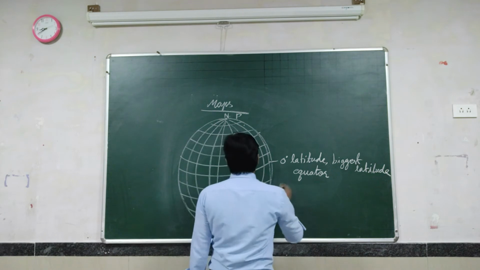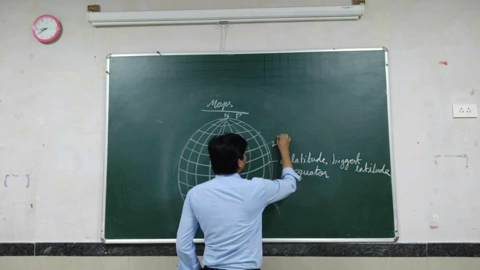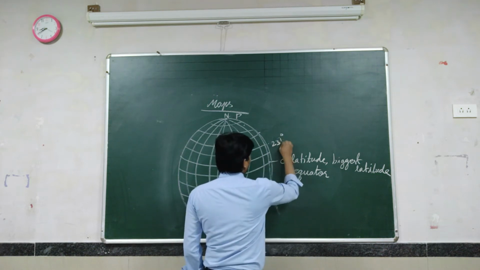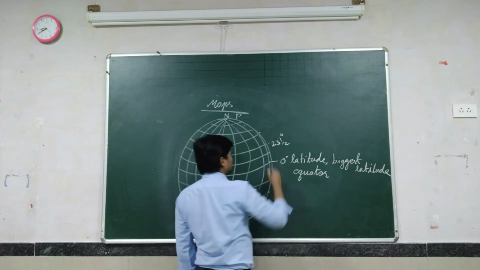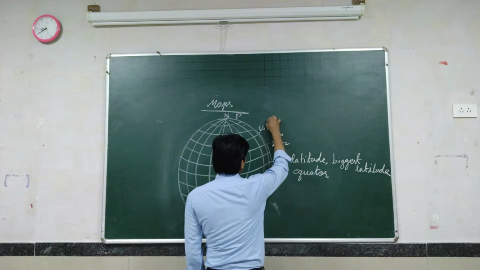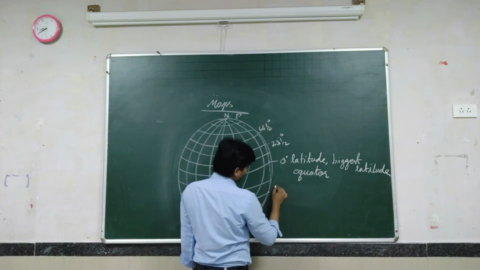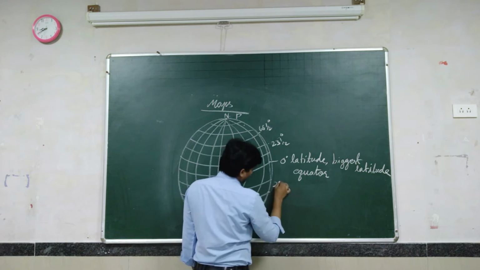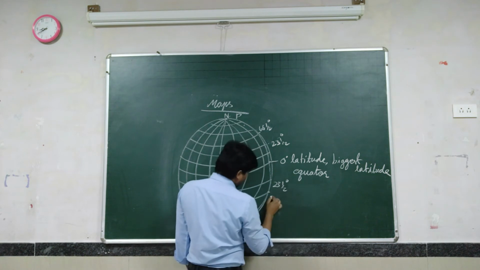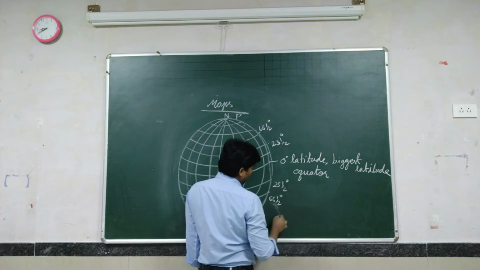Then after here, 23 and a half degree, and here 66 and a half degree. The same way here, 23 and a half degree, and here 66 and a half degree.